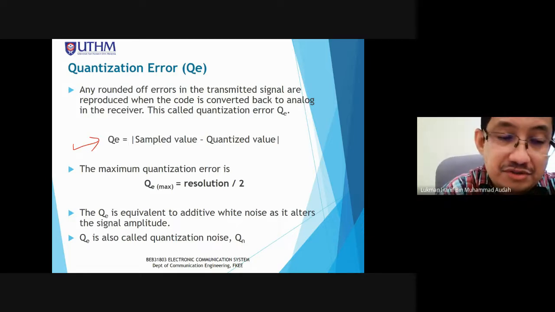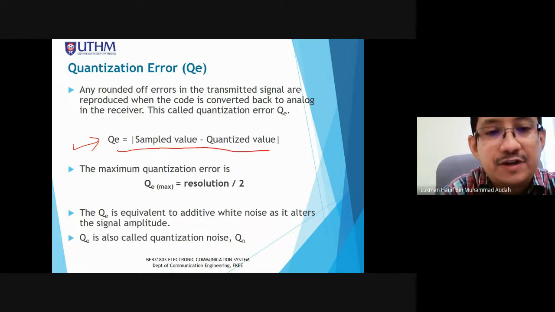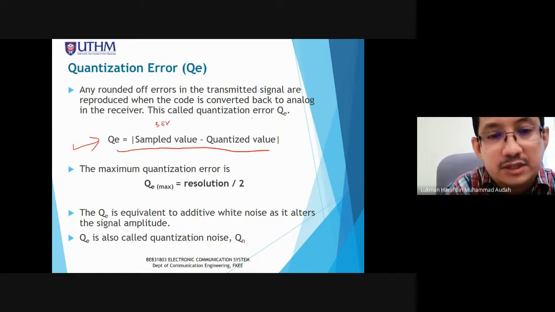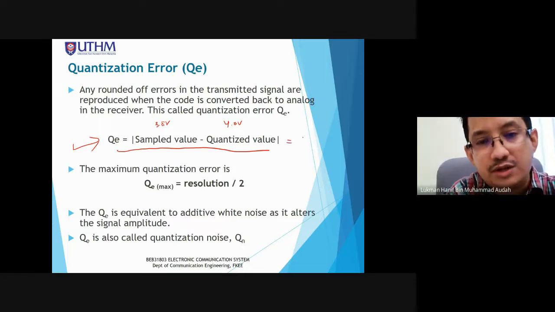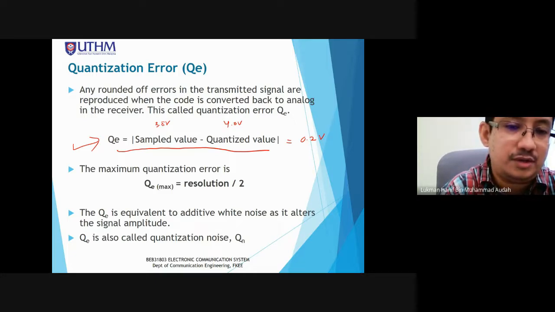Okay, quantization noise. So quantization error is defined as modulus sample value minus quantized value. Macam saya buat tadi lah. Kalau saya punya sampel 3.8 volt, saya punya quantized value adalah yang terdekat adalah 4 volt. So therefore my QE for this one is 0.2 volt. Okay.